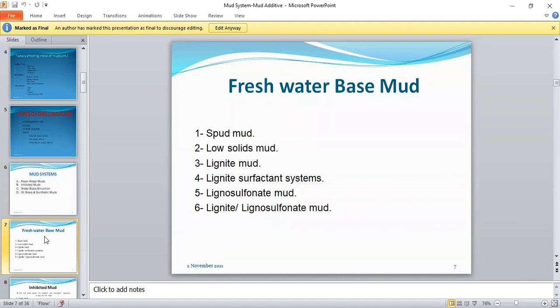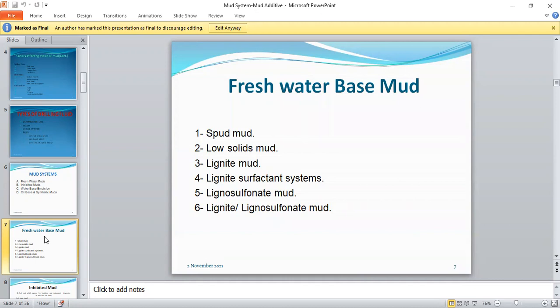It may become lignite mud, lignite surfactant mud, lignosulfonate mud, or a lignite lignosulfonate mud system, depending on the area you are drilling.